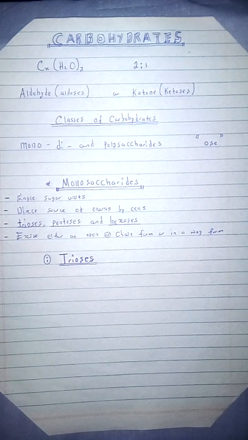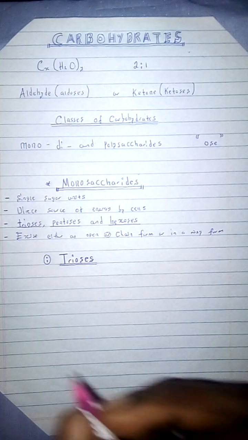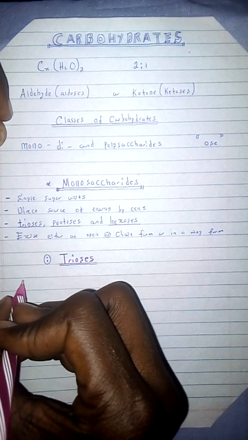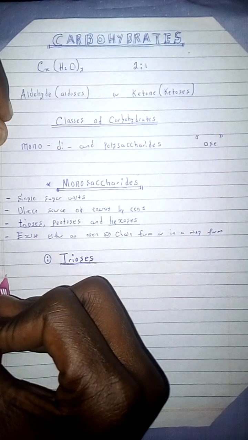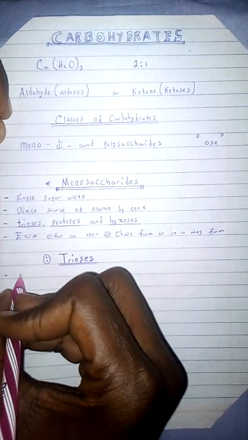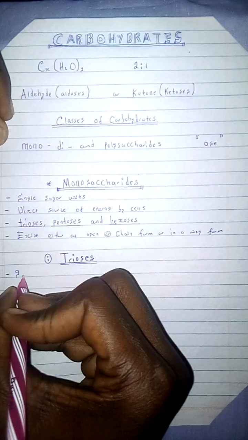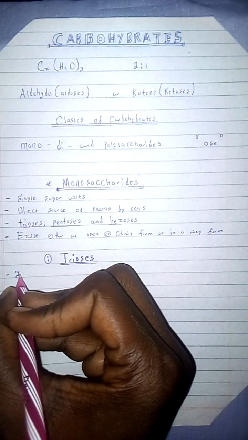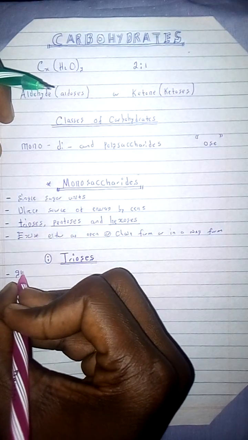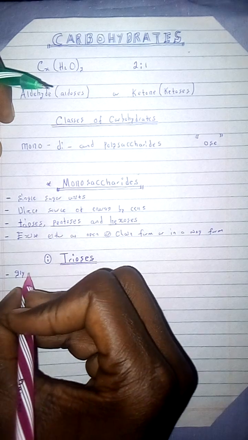Well, we need to take note that there are actually two biologically important triose sugars. The first one being glyceraldehyde. It depends on your pronunciation.